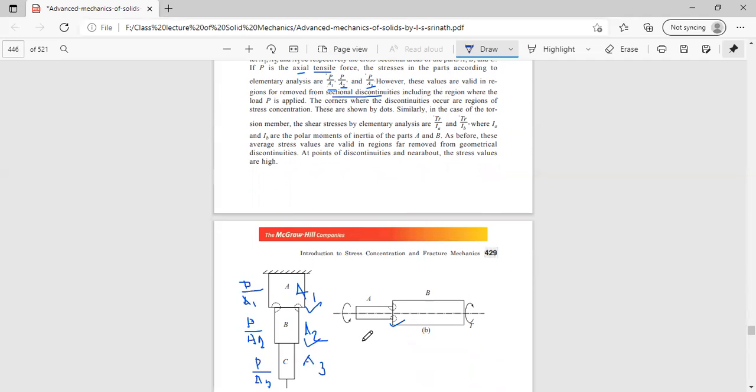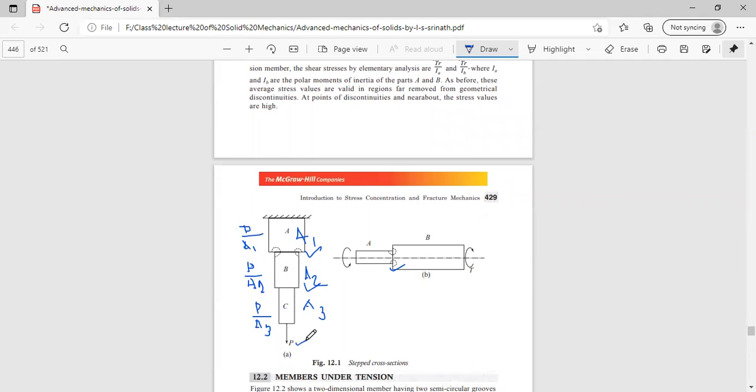P is applied at the bottom here, you see, and according to the cross-section area, different portions of this hanging shaft have different stresses. Here P by A3 at the portion C, P by A2 at the portion B, and P by A1 at the portion A itself.